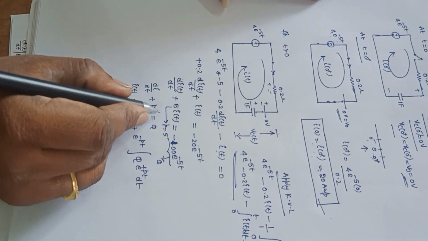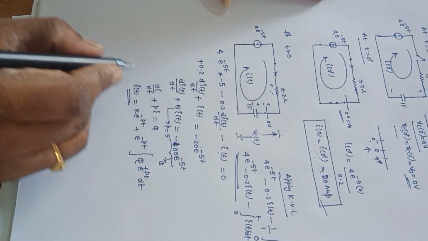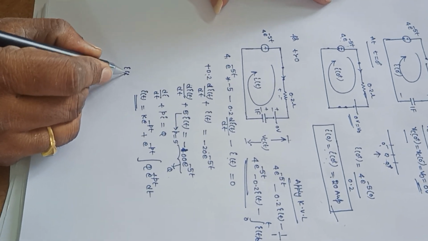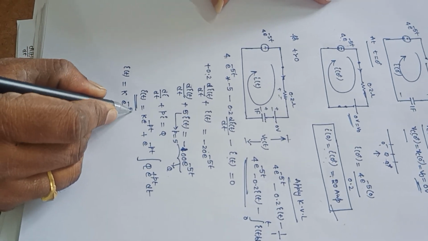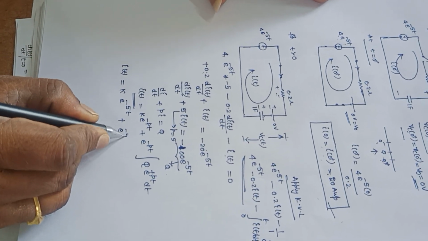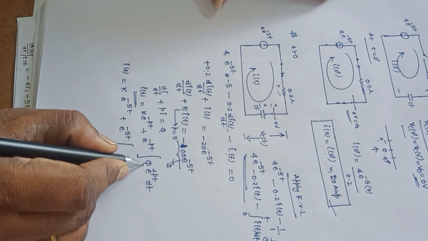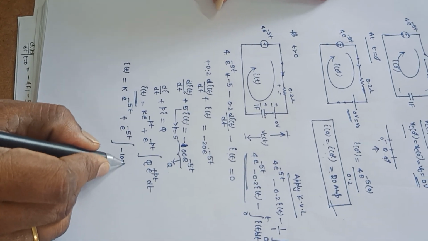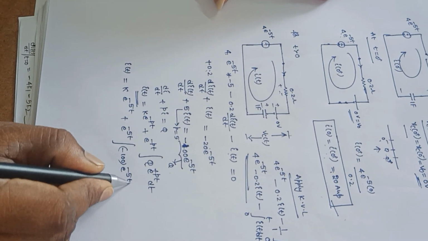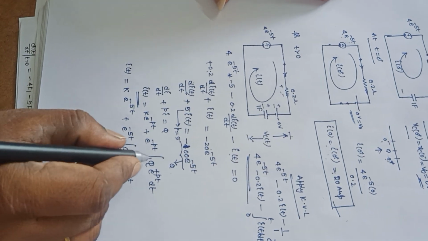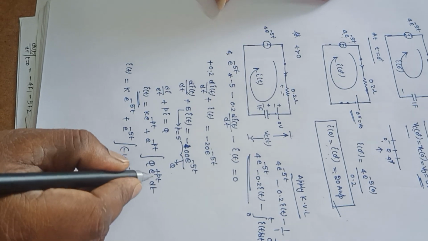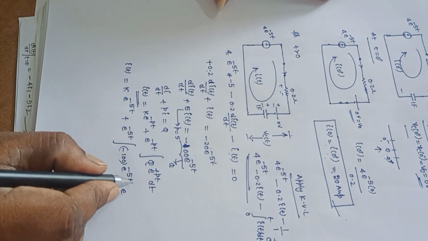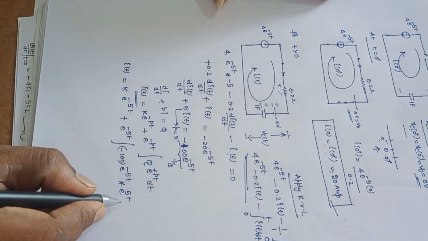Now let us substitute in this expression to get the solution I of t. I of t is equal to k into e power minus 5t plus e power minus 5t integral, where the q value is minus 100 into e power minus 5t, and the p value is 5, so e power 5t dt.